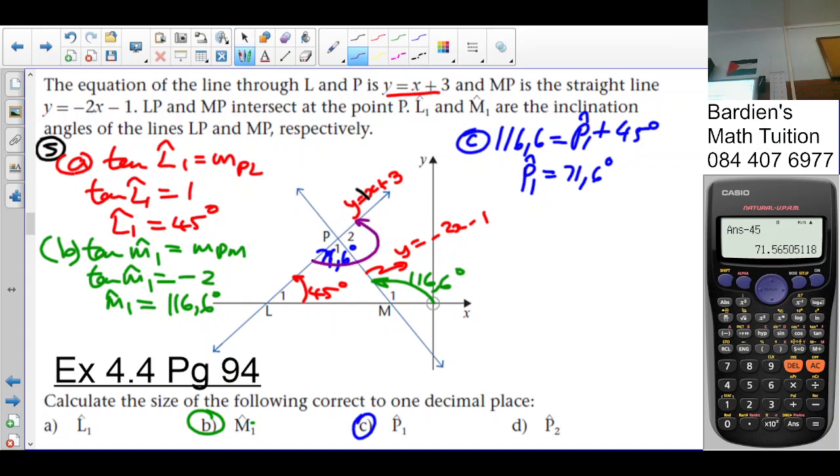Then P2, so angle P2 plus 71,6 is equal to 180. Why? Straight line.